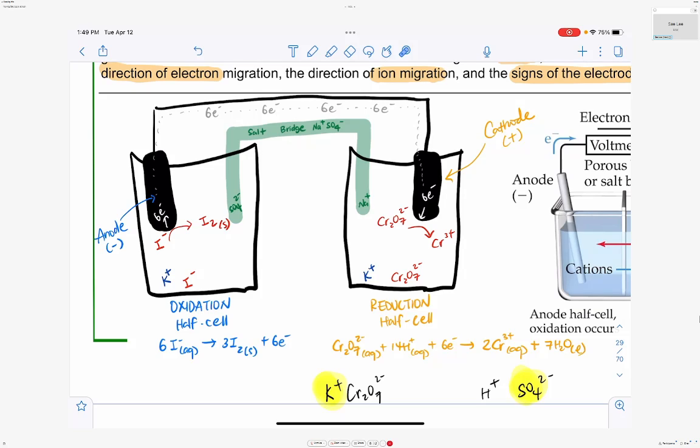The cation in the salt bridge will migrate to where the cathode is, and it will try to balance out any anion that's building up within this right half cell.